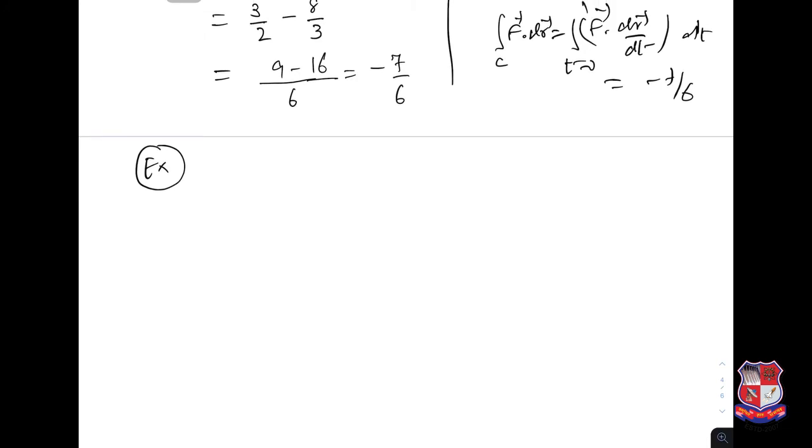So I would like to take an example having some circle kind of things. So let us take this one.